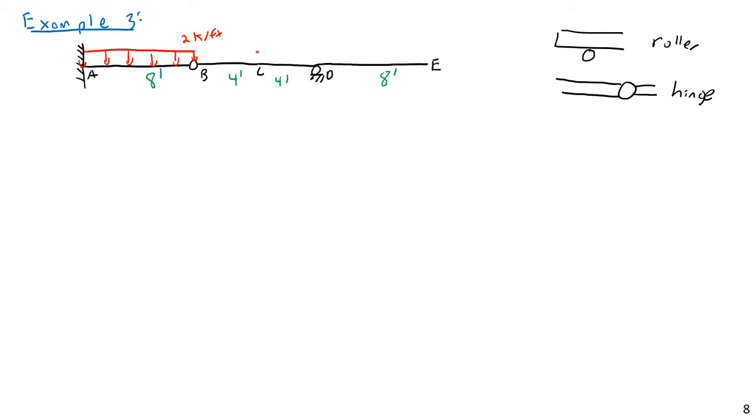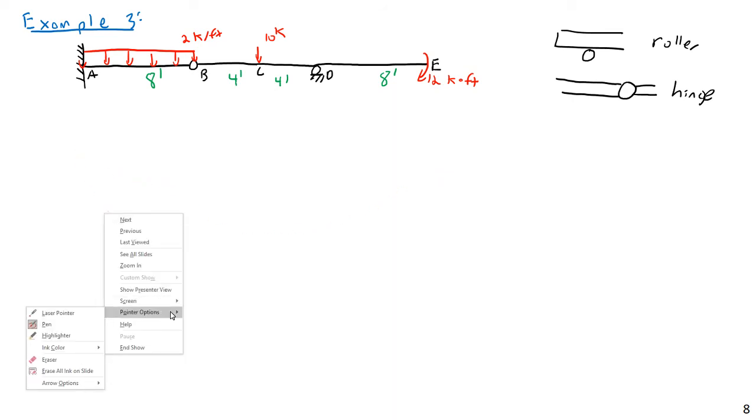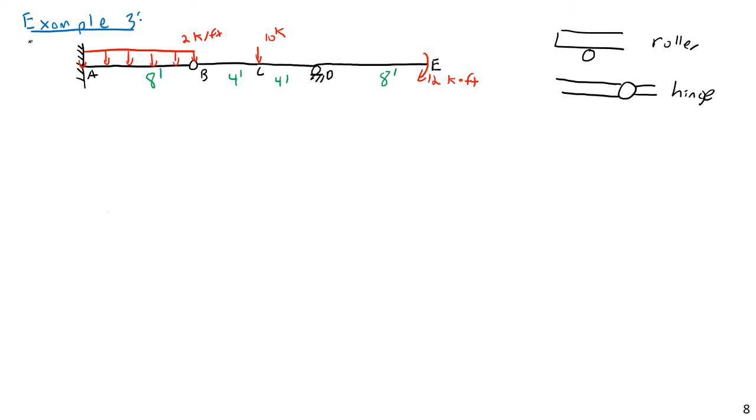Then I'm going to have a 10 kip point load pointing down at point C. And then I have a 12 kip-foot couple at point E. And this will be all of my loadings. So all of this is given, except maybe this roller and hinge diagram. That's just something I illustrated here. So all this is given, the full geometry of the beam and all of its loadings. And I want to find the V and M diagram.